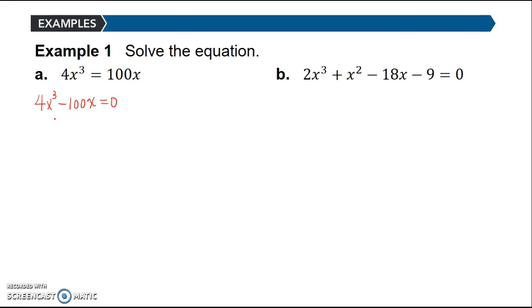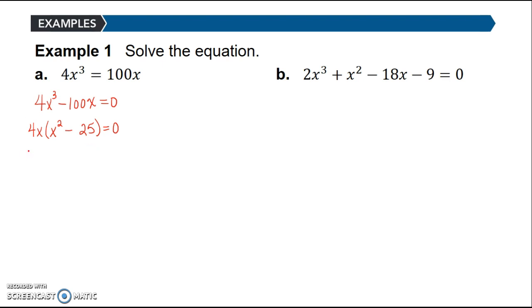Now we have to put on our factoring hat and think about how can we factor this. First, notice that there is a common factor of 4x. If we divide each term by 4x, that leaves x squared minus 25, and then equals 0.